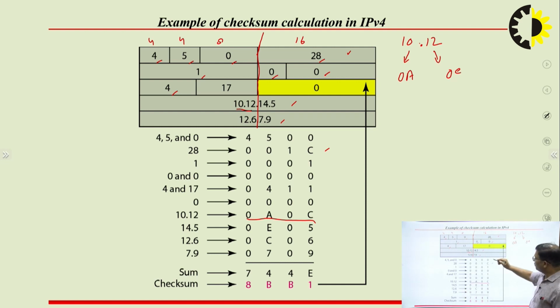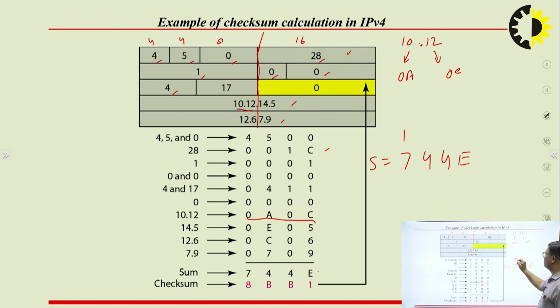Now, you need to calculate the sum of the hex digits. This is the basic question. So how can we calculate the checksum? The sum is 744E.